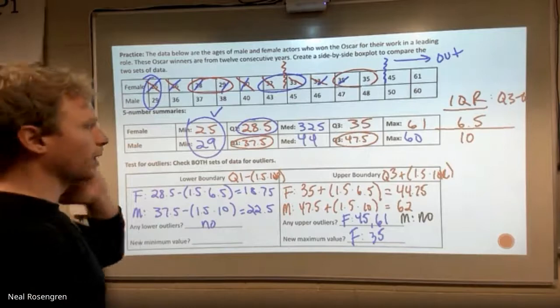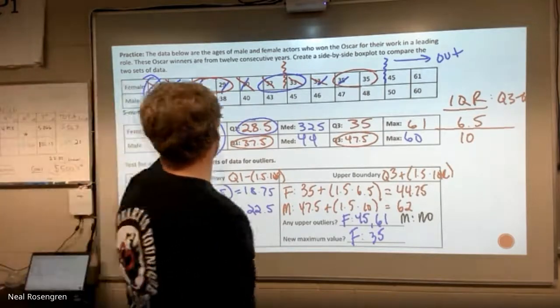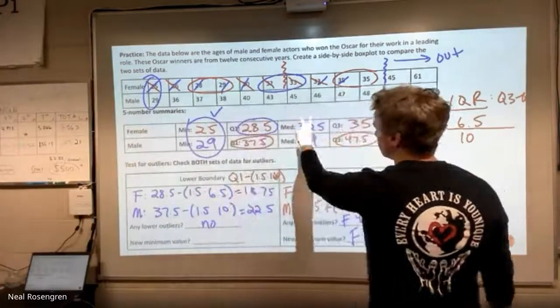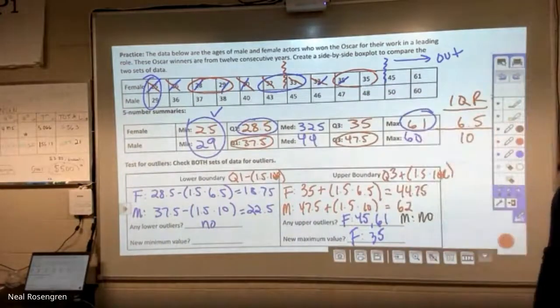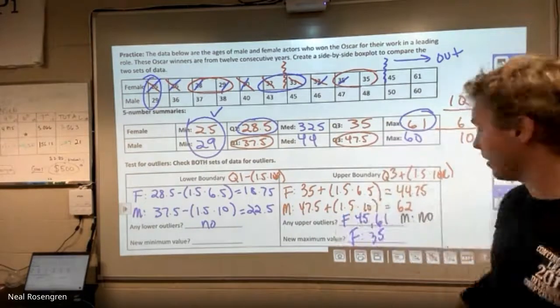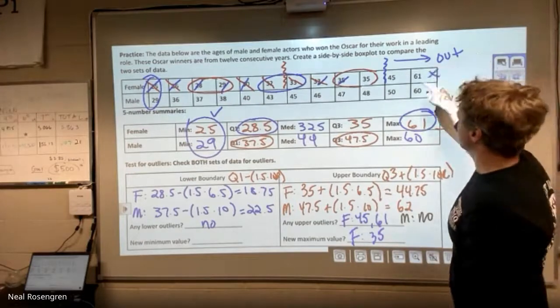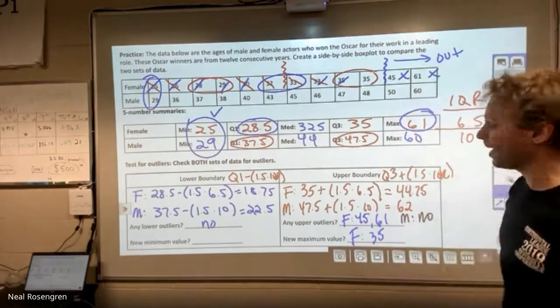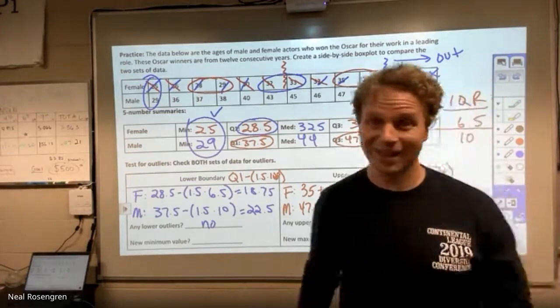So nothing changes about the female minimum, the Q1, the median, the Q3. It's only that number right there that's not our maximum anymore. So when I draw that little vertical line for my maximum, I'm not going to draw it at 61, because I'm going to put an X right there and an X right there for 45 and for 61. My new maximum is going to be right there at 35.